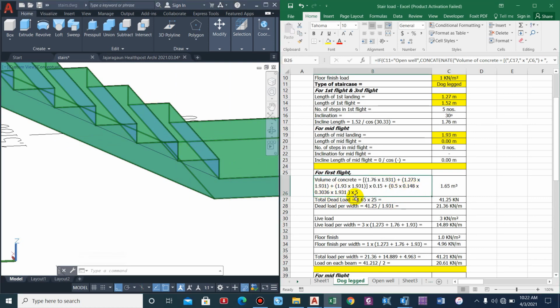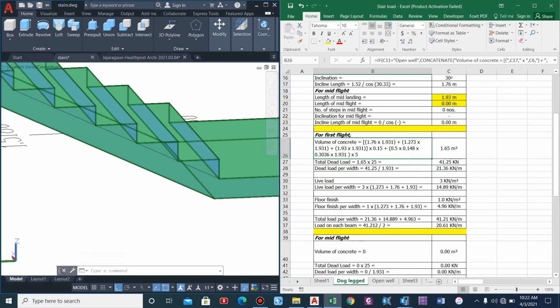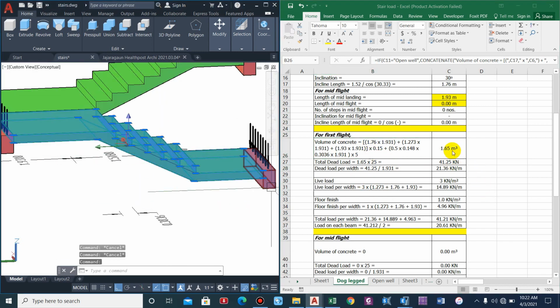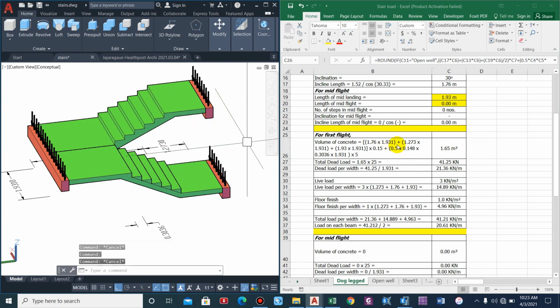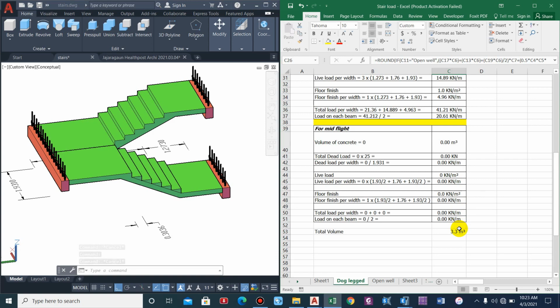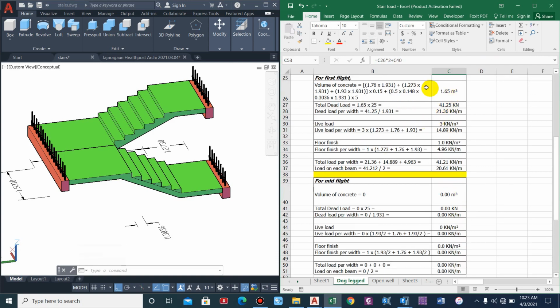So 1.931 into 5, as we have 5 steps, 1 2 3 4 5, so we'll get the overall volume. The overall volume of this portion is 1.65. Now if we compute for 2 flights, then the overall volume will be 3.3, that is, multiply this value by 2.